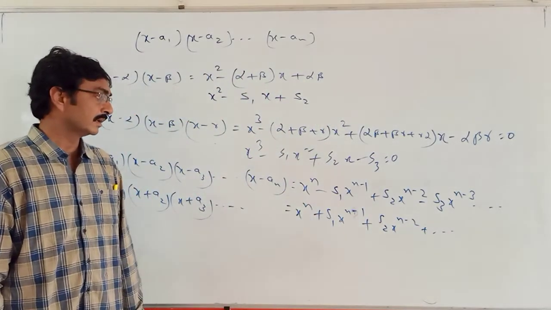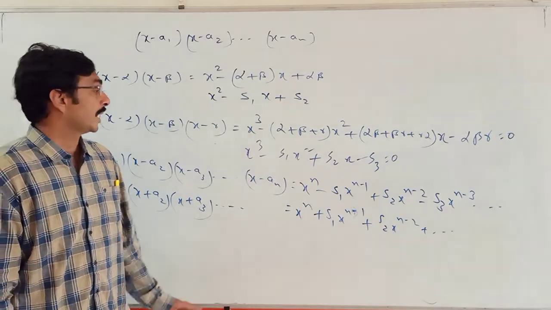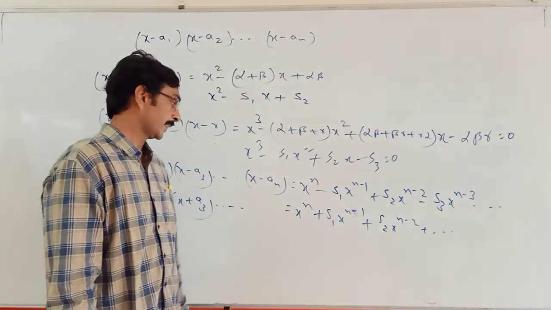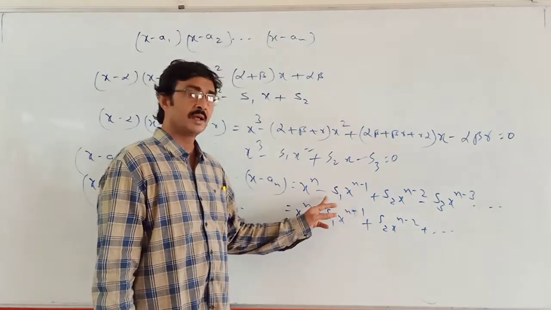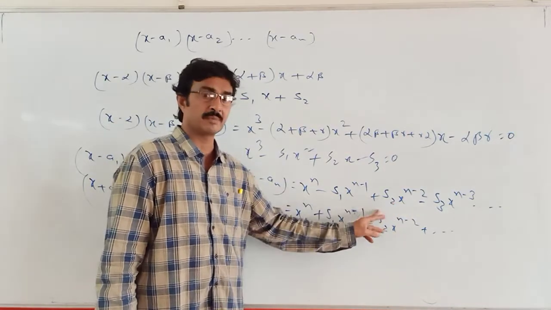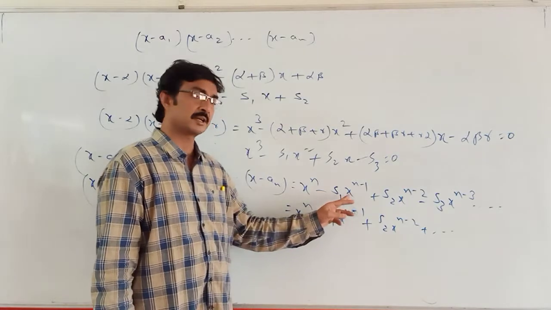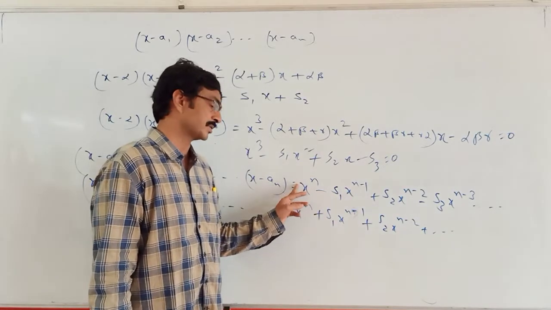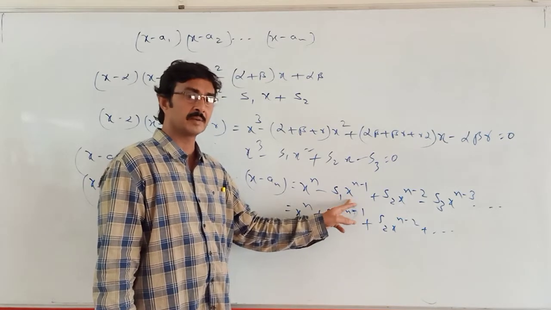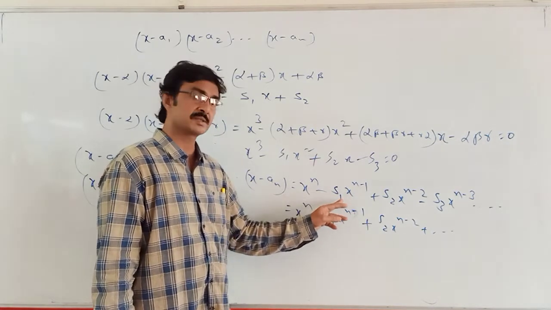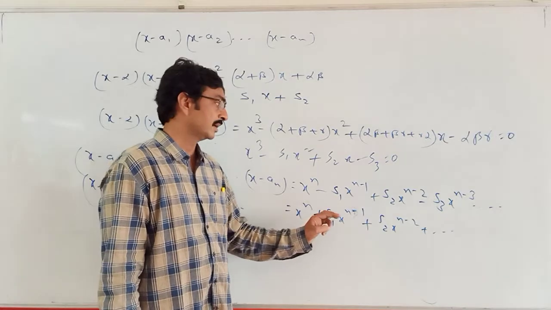Okay. So problems based on this one. They can ask what is the coefficient of x power n minus 1 and of x power n minus 2. That means the coefficient of the second term, because the coefficient of the first term is always 1. The formula for that is minus s1, in this case plus s1.